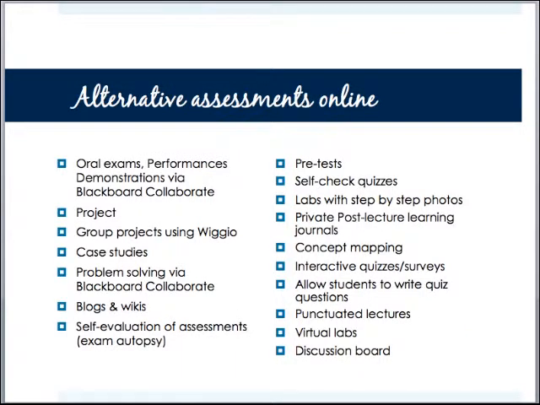Oral exams and performances via Blackboard Collaborate, group projects using Wigio, case studies, problem solving via Blackboard Collaborate, blogs and wikis, self-evaluation of assessments, pre-tests, self-check quizzes, labs with step-by-step photos, private post-lecture learning journals, concept mapping, interactive quizzes and surveys, allowing students to rate quiz questions, punctuated lectures, virtual labs, and evaluative discussion boards.